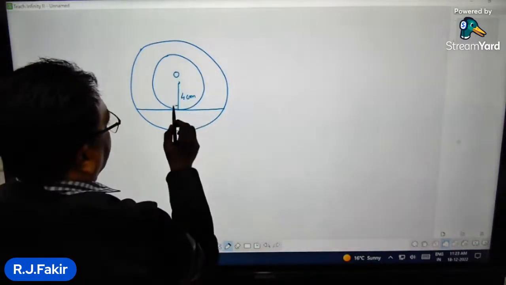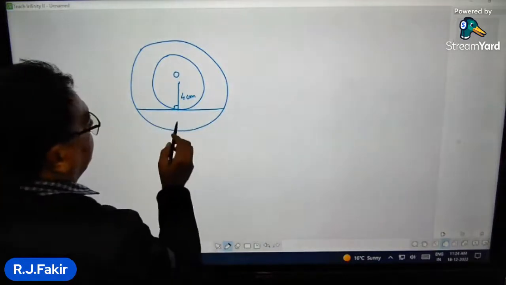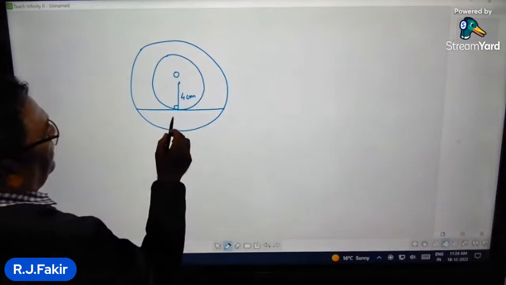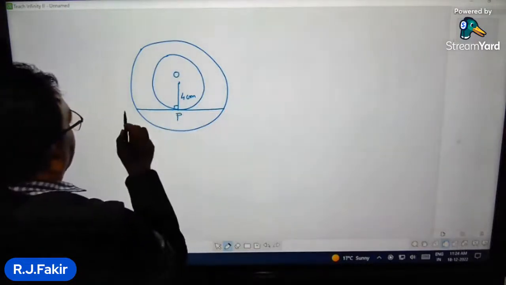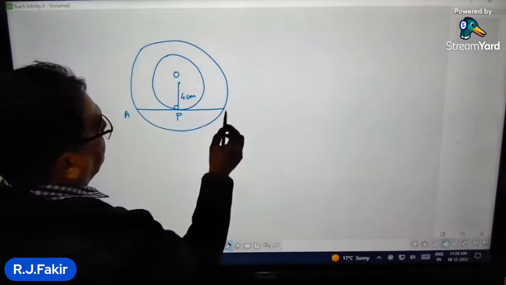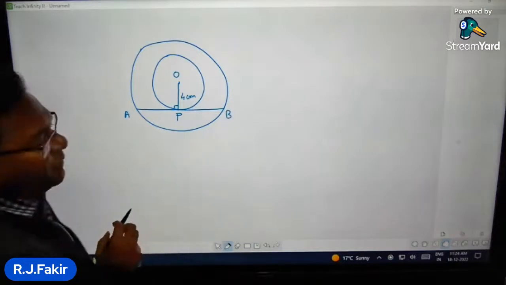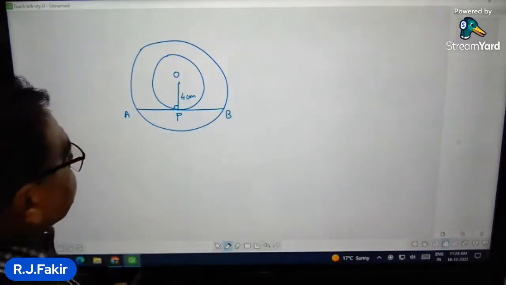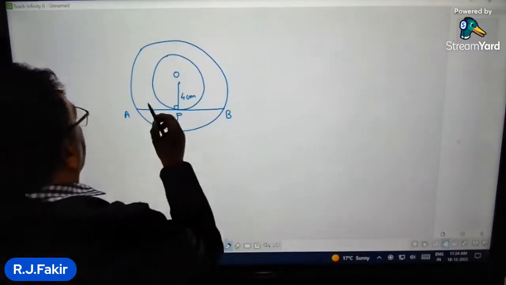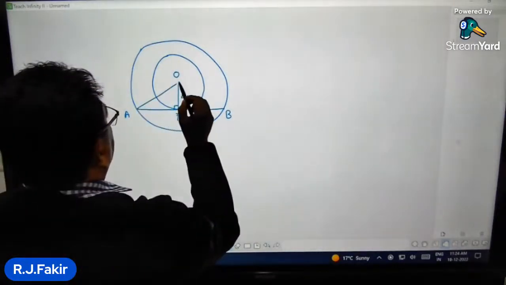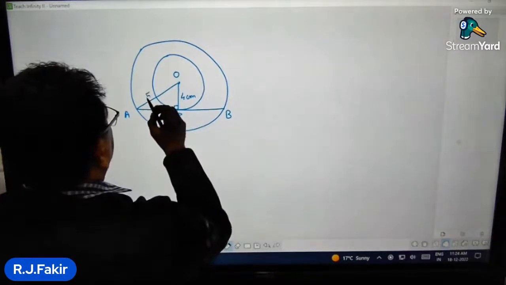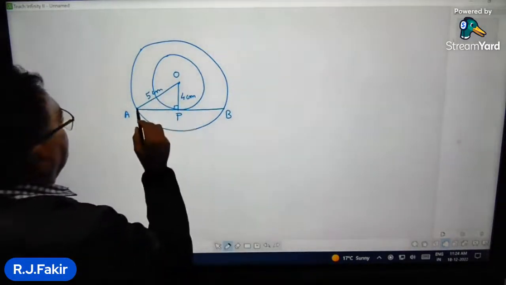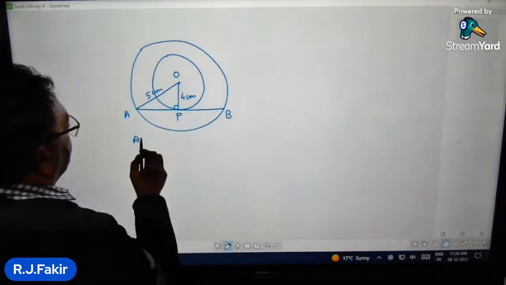We know this is always perpendicular at the point of contact, so we can name these points: this is P, this is A, this is B. Now the diagram is very important in such kind of questions because both the radii are given. Like the radius for this is 5 centimeter, and we have to find the length of AB.